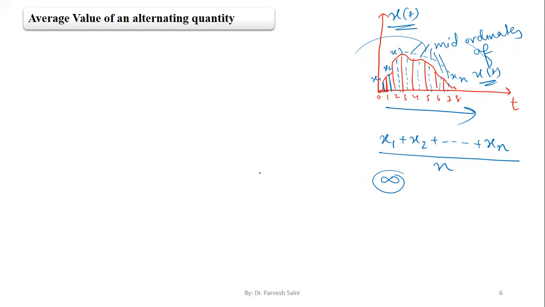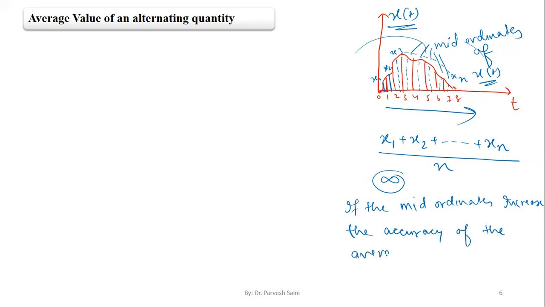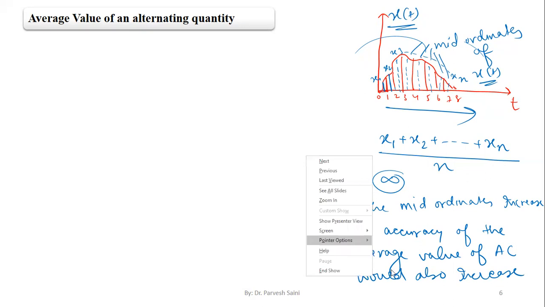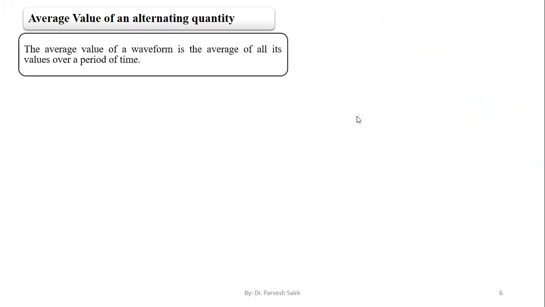So we write here, if the mid ordinates increase, the accuracy of the average value of AC would also increase, right? It is as simple as that. So this is how we can find out. So let us see the material.